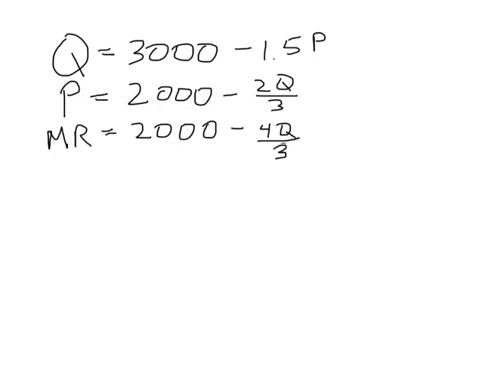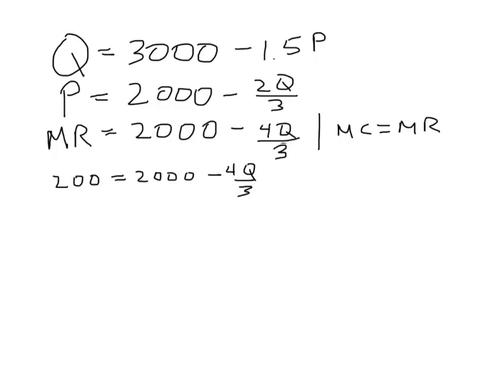All right. Remember marginal cost. I've got to start compressing here. Marginal cost equals marginal revenue is my output rule. And so 200 equals 2,000 minus 4Q over 3.